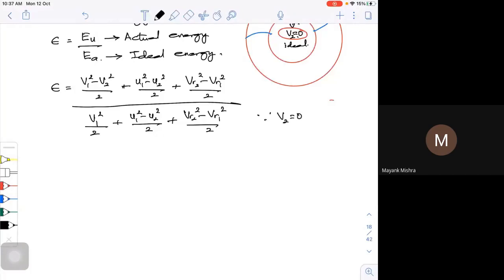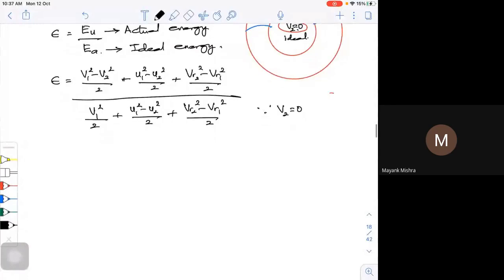Now I can simplify this equation and write it in whatever form I want. In the numerator, I will keep the expression as it is, and in the denominator I will add V2 square by 2 and subtract V2 square by 2 so that I can do some modification.